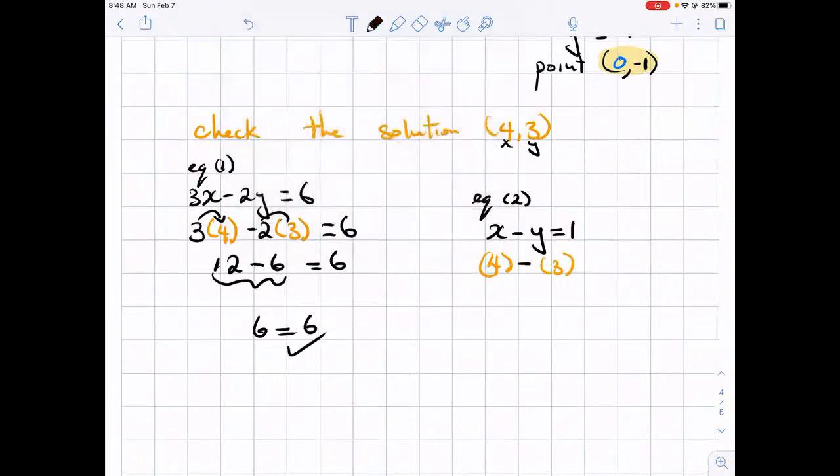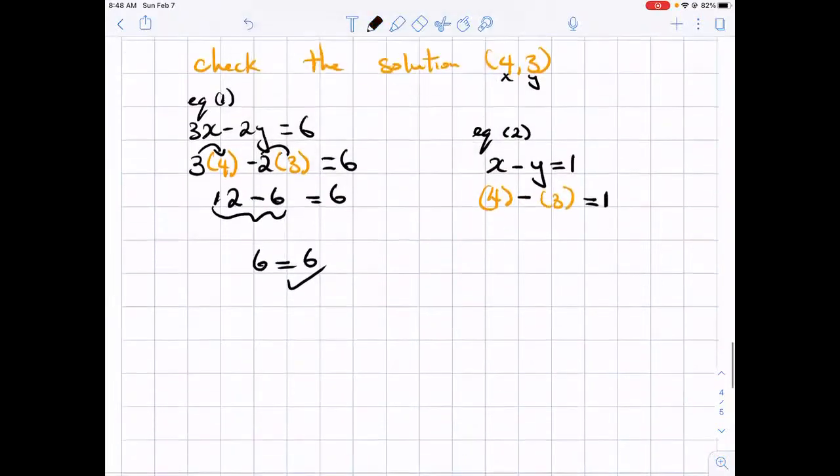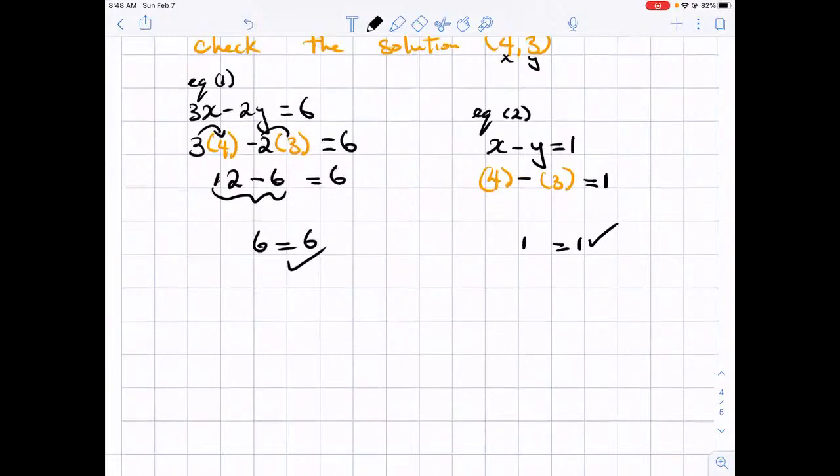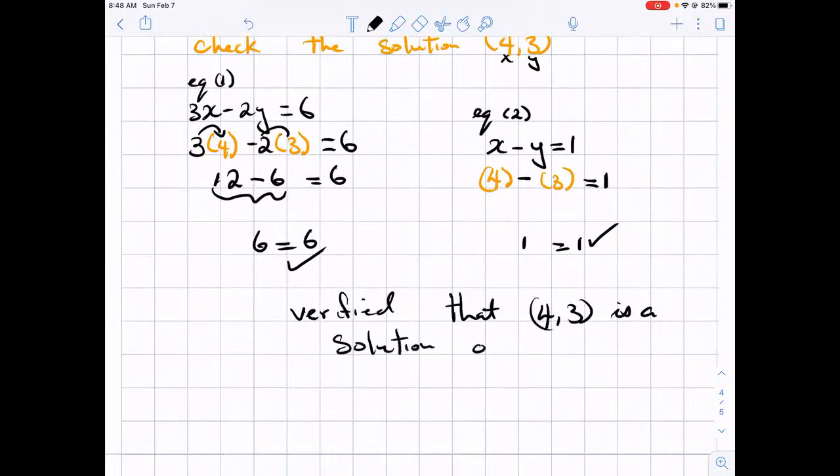And we want to see if the left side is equal to the right side. 4 minus 3 is 1. 1 is equal to 1, and that checks. Therefore, this has been verified that 4 comma 3 is a solution. We can say that x equals 4, y equals 3 is the solution.